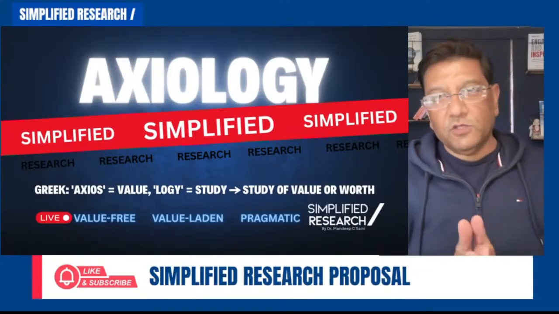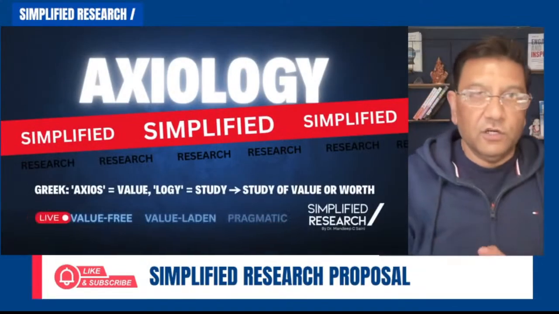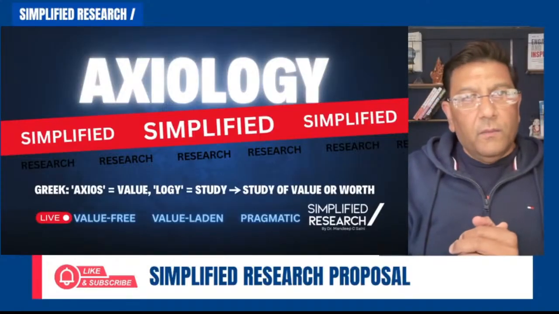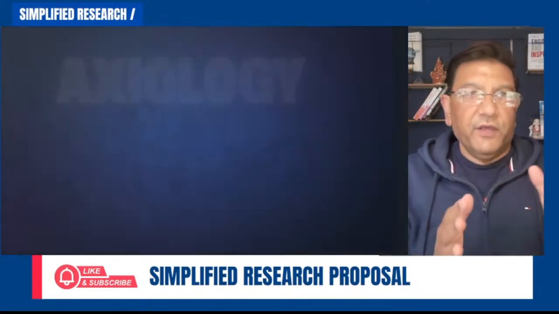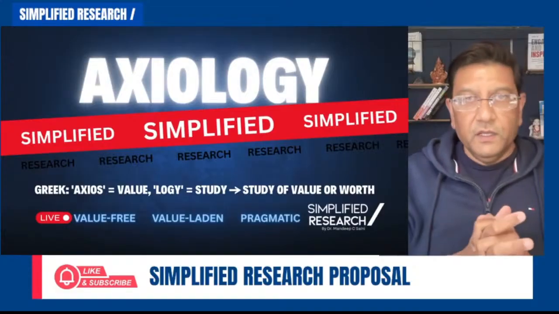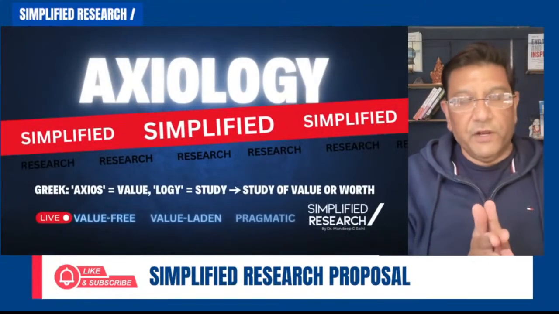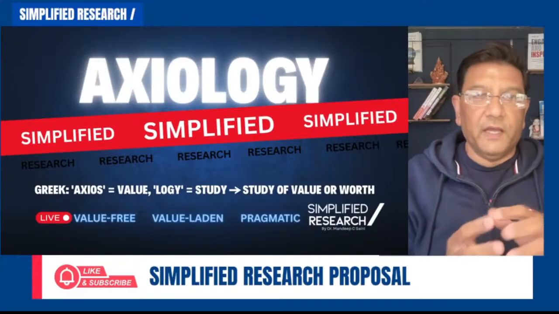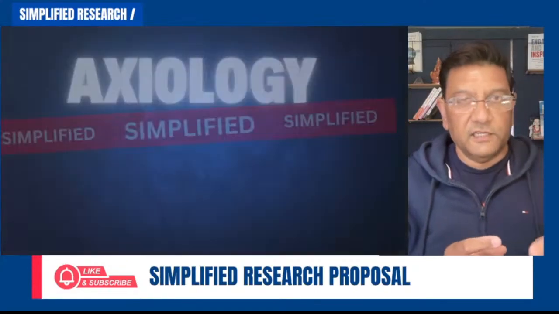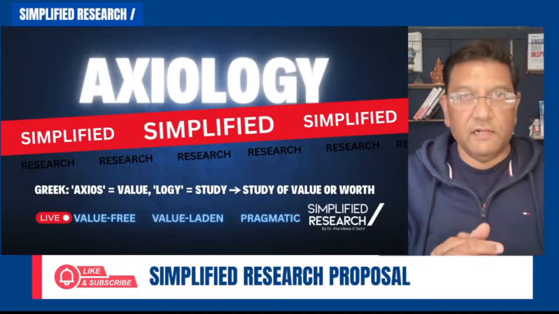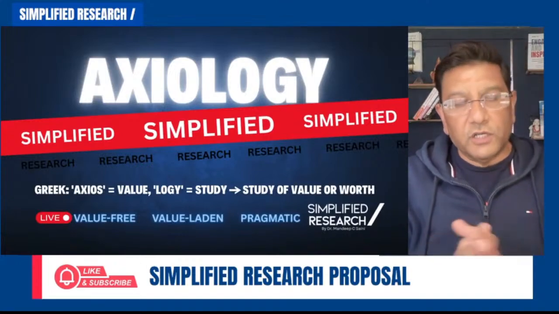Now it is possible that you are writing a research based on an organization where you are working. Many people do that when you are working in the industry, you pick an industry or a sector or the organization itself to do your research.